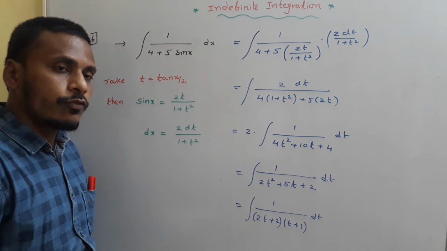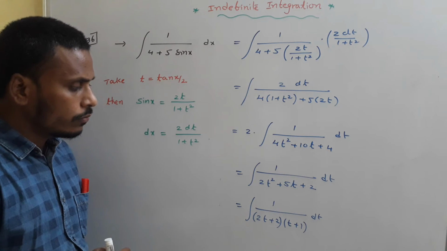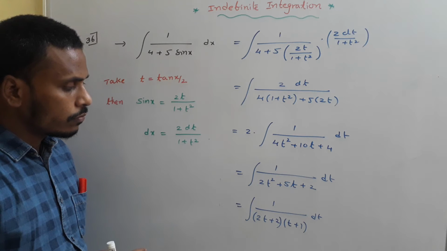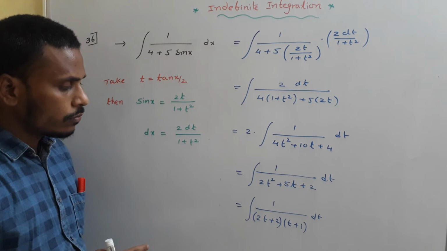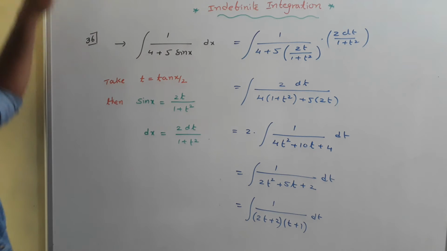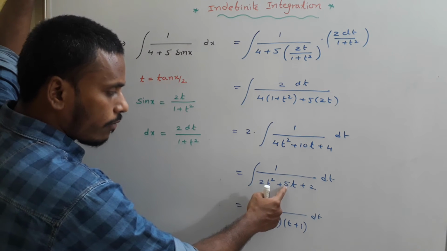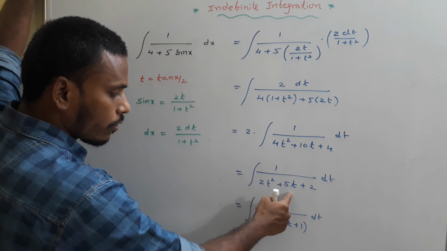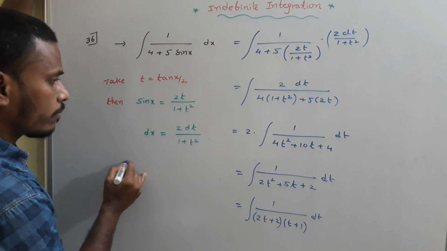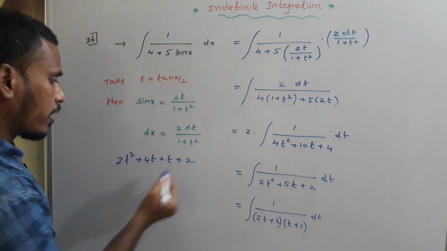Just a minute, look here. 2t square plus 4t plus t plus 2.